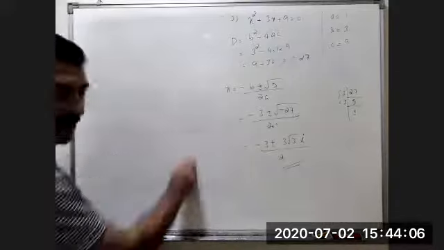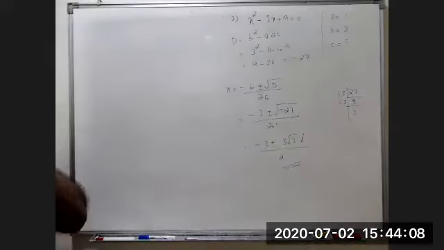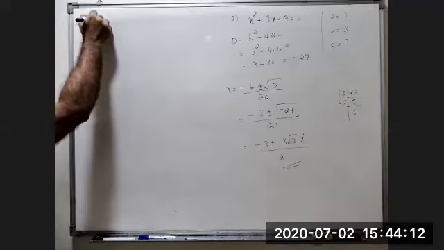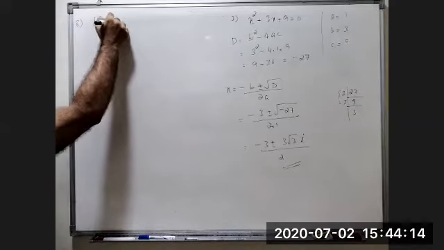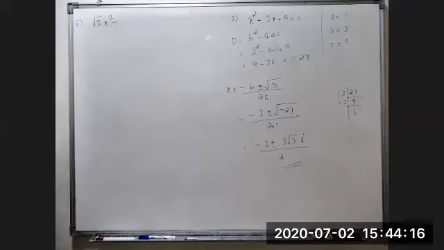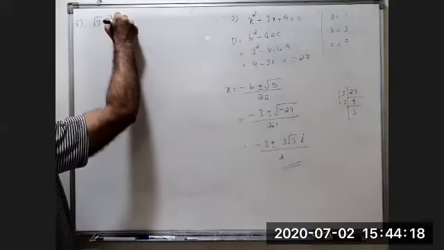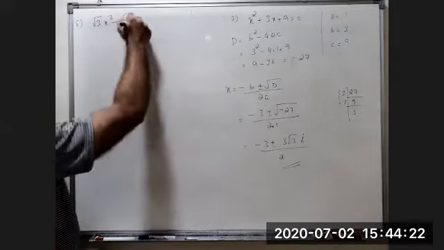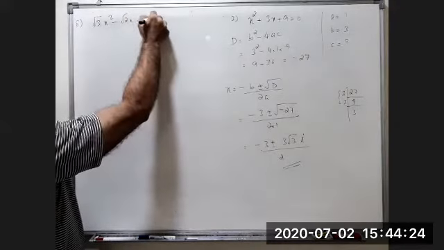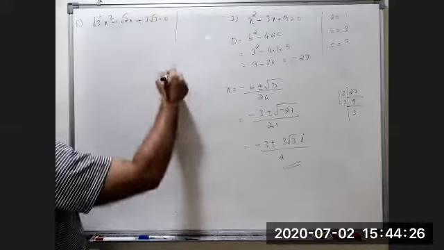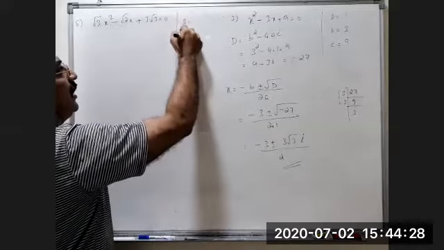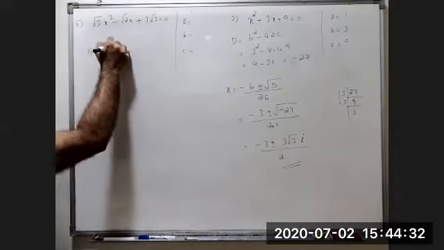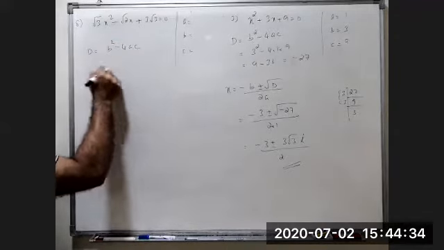Question number 8. Root 3 x square minus root 2 x plus 3 root 3 is equal to 0. A, B, C, then discriminant D is equal to B square minus 4AC. What do we find?